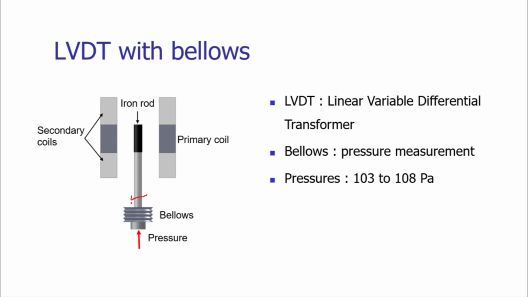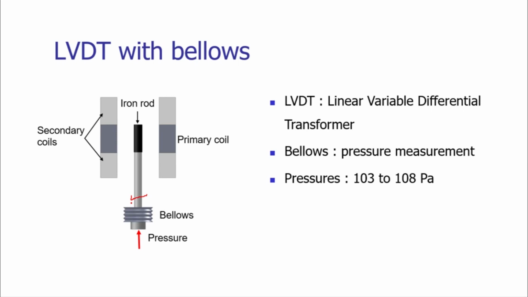On your screen you can see the LVDT sensor integrated with the bellows. LVDT, as you know, is the linear variable differential transformer. When there is an increase in the pressure, the bellows will expand, and as the bellows are expanding, the iron rod inside the LVDT sensor will move, it will displace.